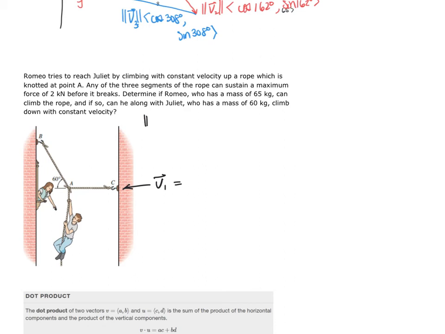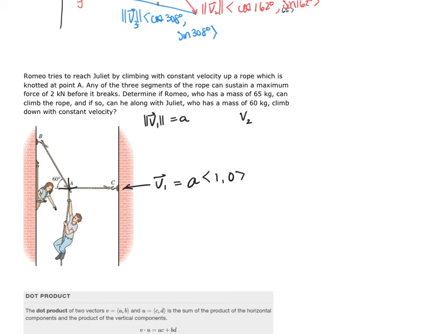Once again, I'm going to call the magnitude of V1 A, just because I want to. And in this direction, my positive x, this is going to be (1, 0) times its magnitude.